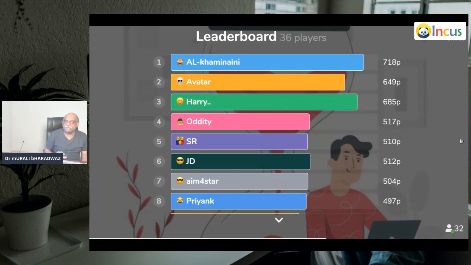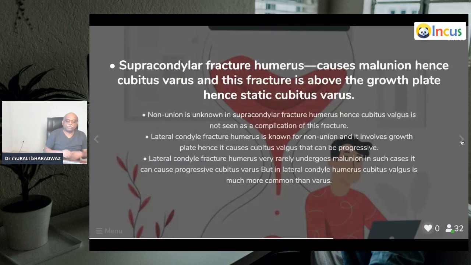So, there are certain important principles. Kamineni, you are from which part of the world? Yes. So, supracondylar fracture causes malunion, hence cubitus varus.